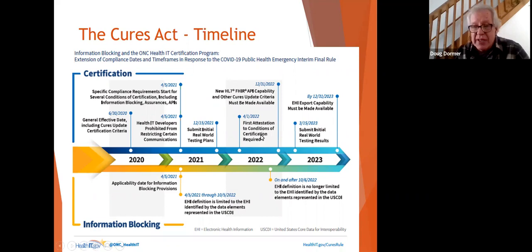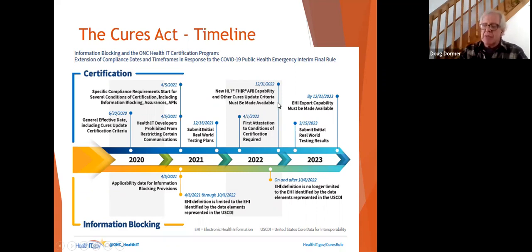The first attestation to conditions required for certification. So the standards under Cures Act for technology use, the first certification attestation to say we have done this was in April of last year. December 31st, as we've already seen, was the deadline for which the FHIR API capability must be available.